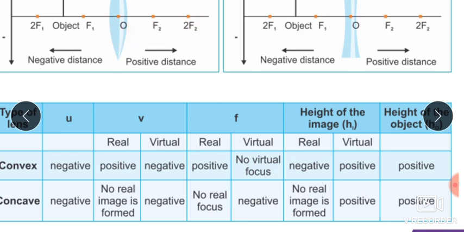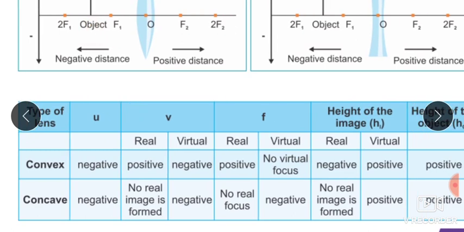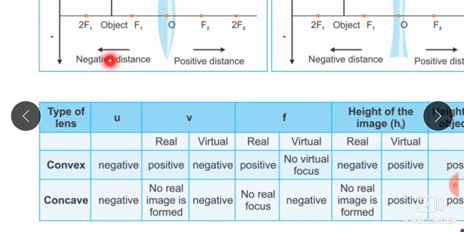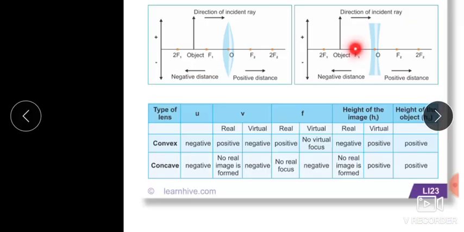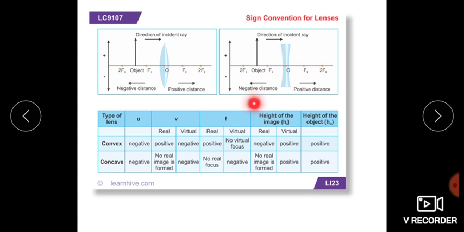This is along the direction of the incident ray, so this is positive here. In case of virtual, the final image is formed on the same side, which is opposite to the incident ray, so negative. So these are the positive distances, these are the negative distances. Same in case of concave lens, these are the negative distances and these are the positive distances.